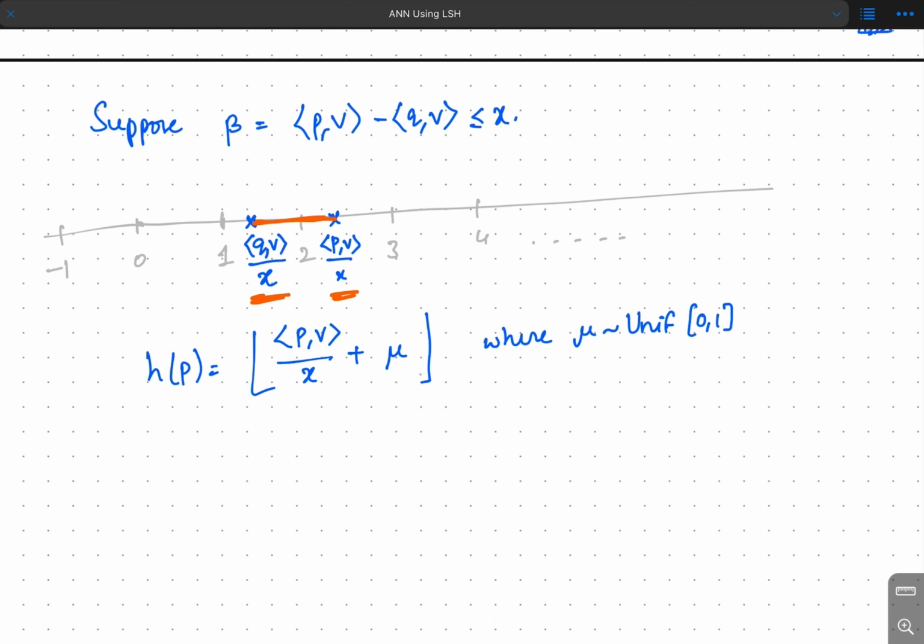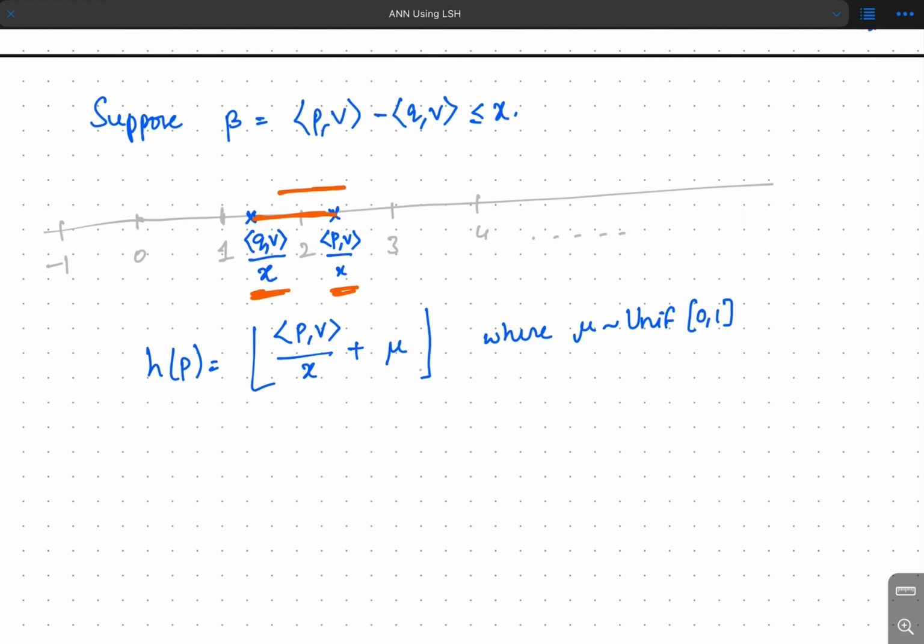So now q v by x plus mu and p v by x plus mu will lie somewhere like this. This point will be q comma v dot product divided by x plus mu, and this point will be p comma v dot product divided by x plus mu.